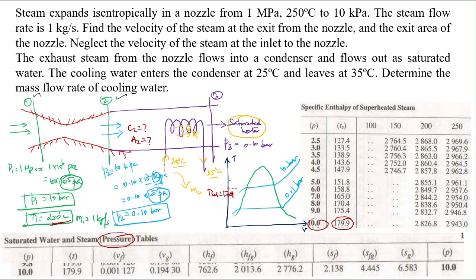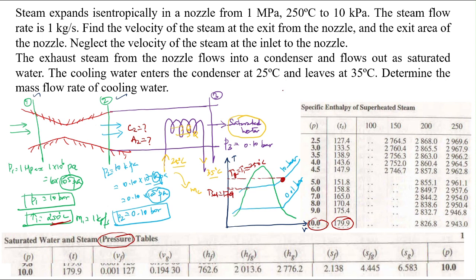So the given temperature, T given or T1, is equal to 250 degrees Celsius. T saturated is equal to 179. So at 10 bar pressure and 250 degrees Celsius, the steam is above saturated condition.